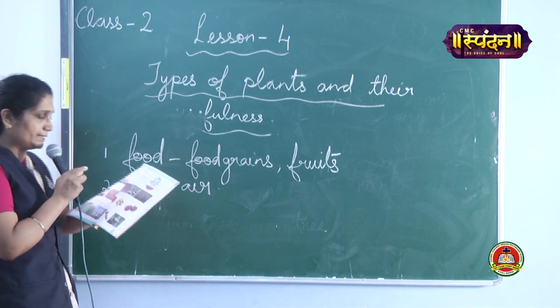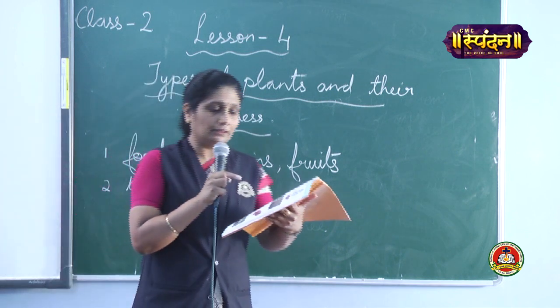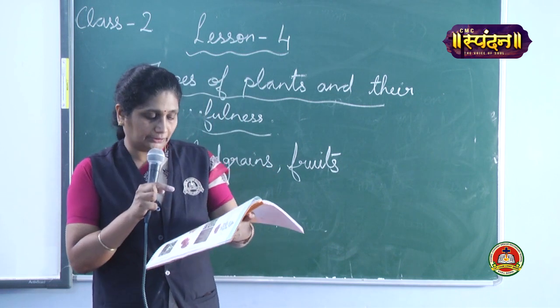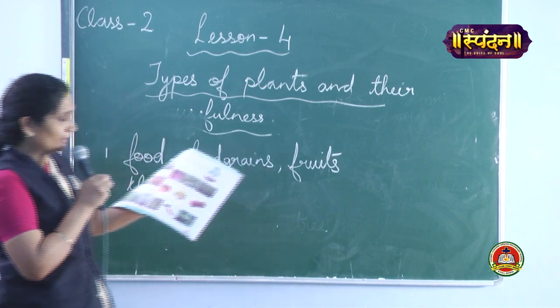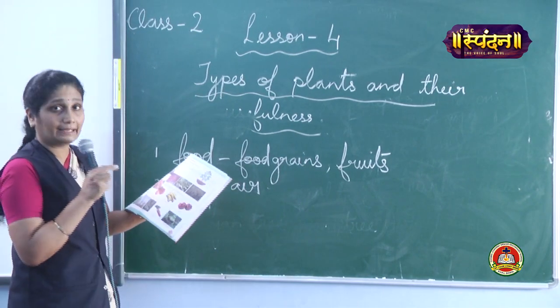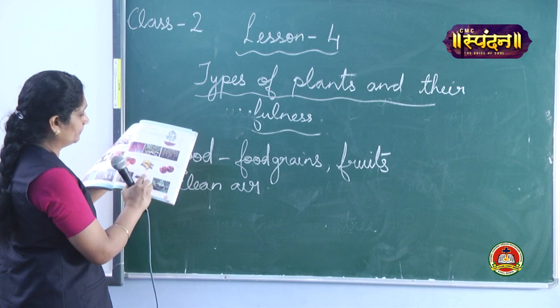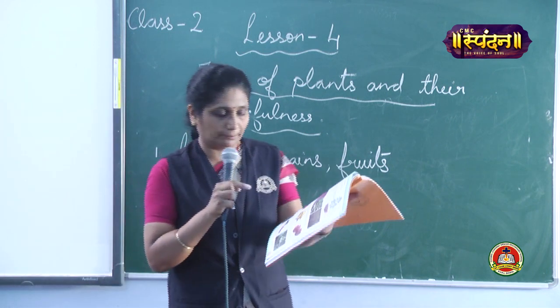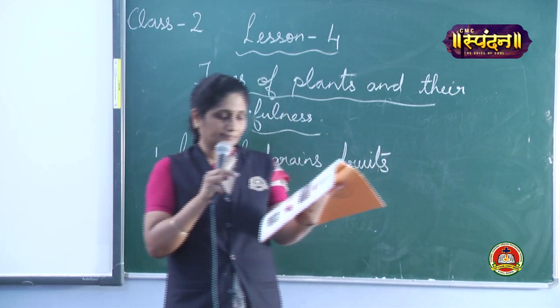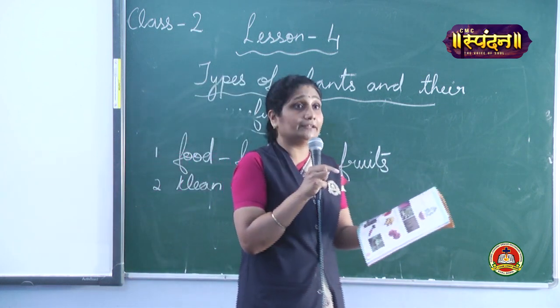So now some plants like the mango, apple, banana give us fruits. So these are also the fruits. So what are these? Mangoes, bananas, and apples. Now some plants give us vegetables. Now what are these? From which plant do we get vegetables?